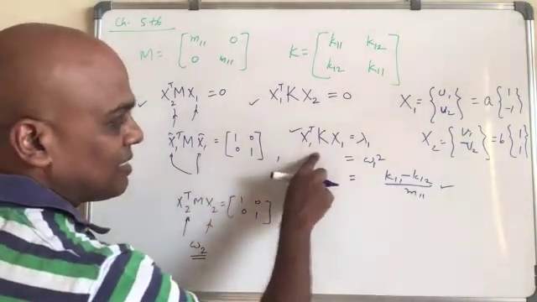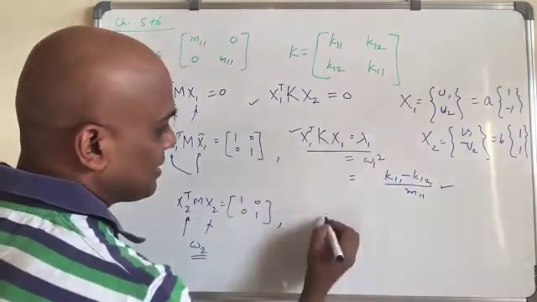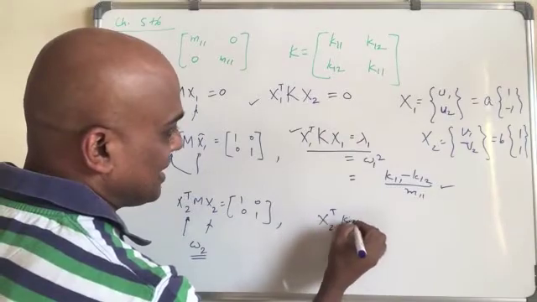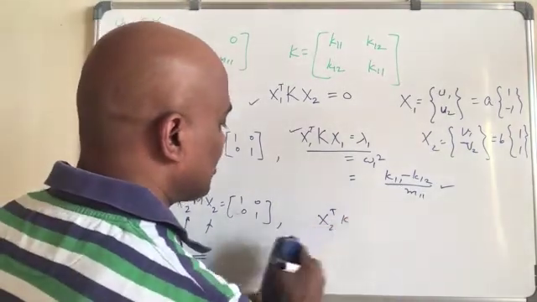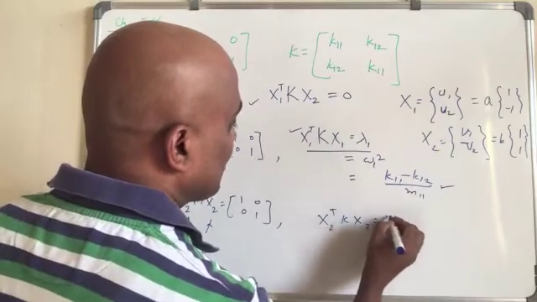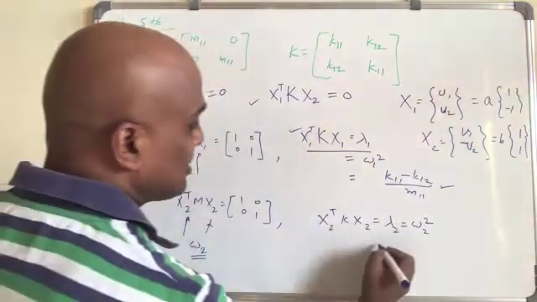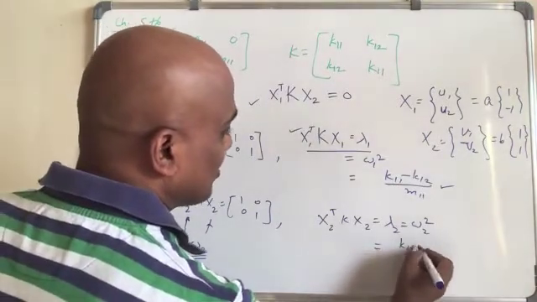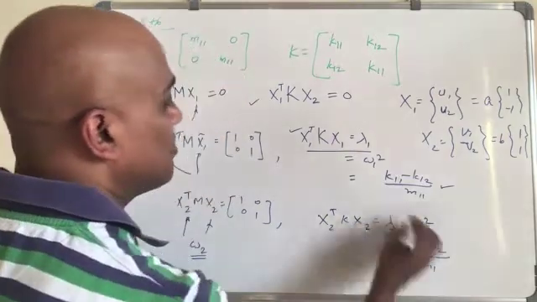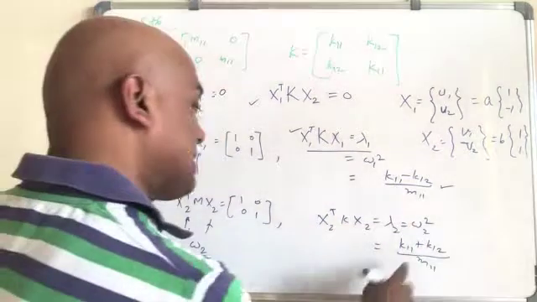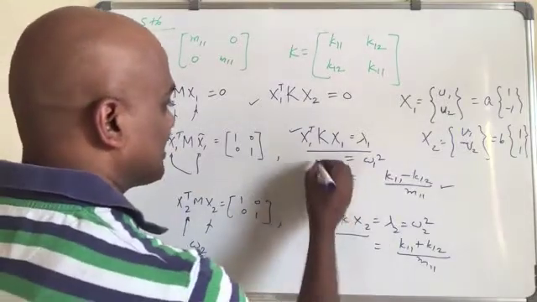And because of that, x2 transpose k x2 will be equal to lambda 2, which is equal to omega 2 square. And this omega 2 square was nothing but k11 plus k12 over m11. The value will be equal to the square of the natural frequency, simply, nothing else. This is how you can find it out.